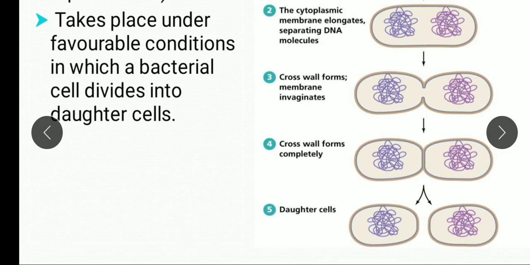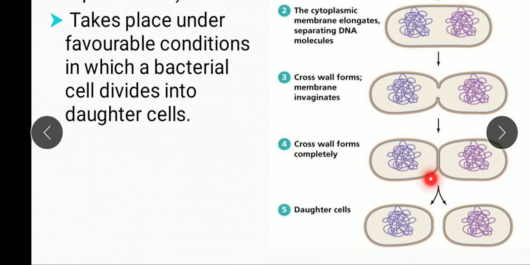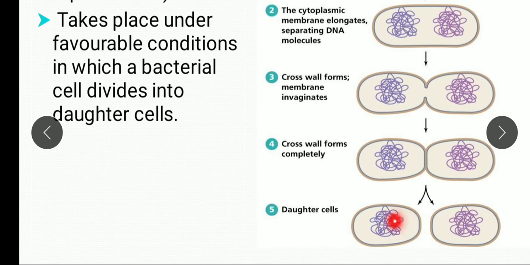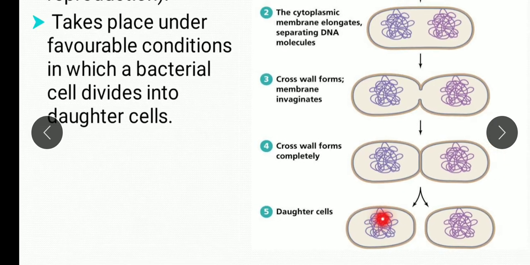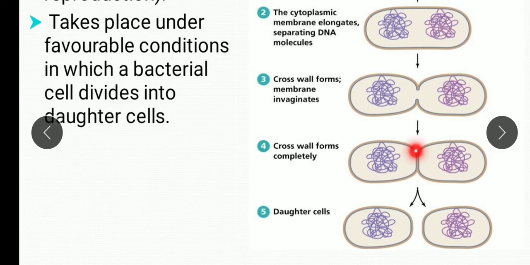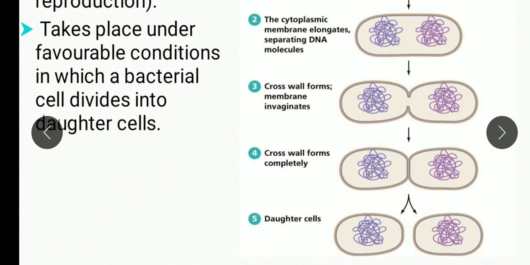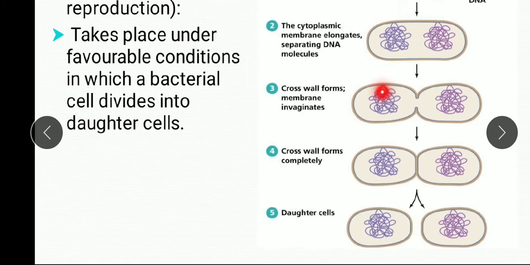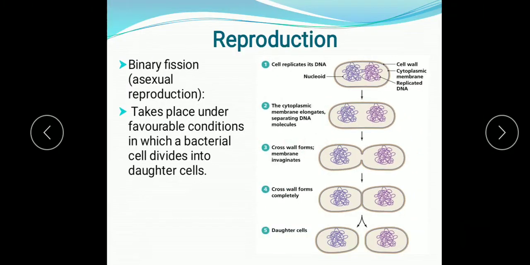After the formation of the cross-wall, the daughter cells separate and grow independently. So these are the two daughter cells, separated from the parent cell and growing independently. This is the mode of asexual reproduction in bacteria by binary fission.